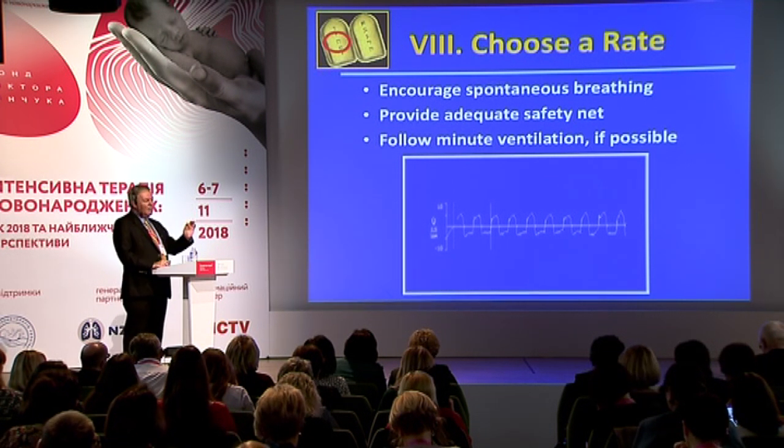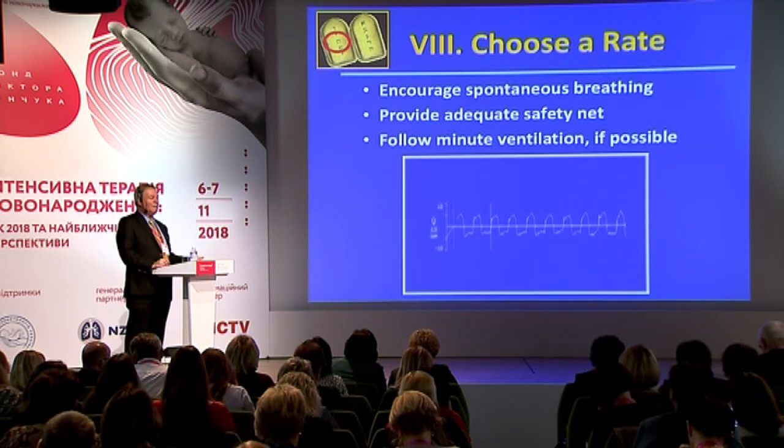But you know, ventilators, cardiorespiratory monitors, pulse oximeters, they all have alarms. So if that baby suddenly has a less than adequate respiratory drive, you're going to find out about it in a hurry. Okay? So I provide an adequate safety net, meaning if the baby went completely apneic, what rate would I feel comfortable with?